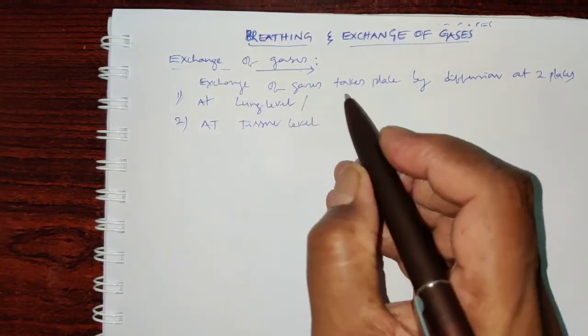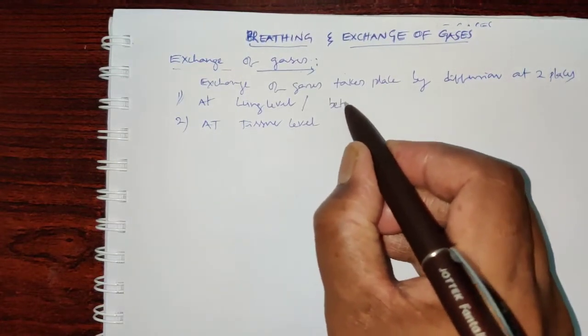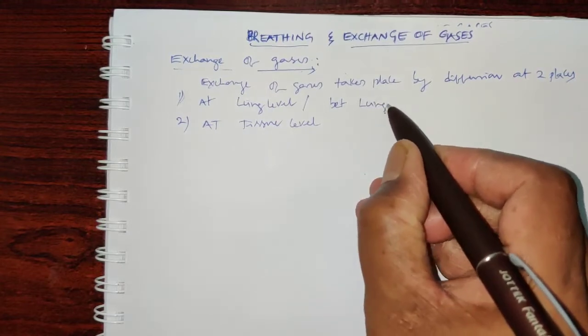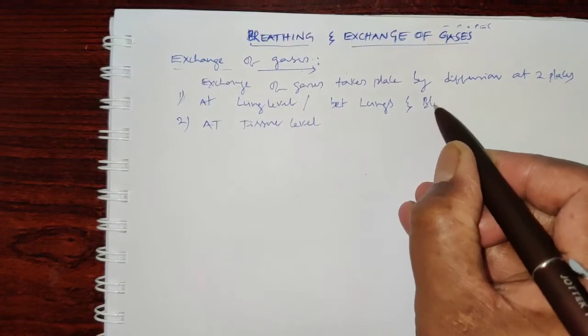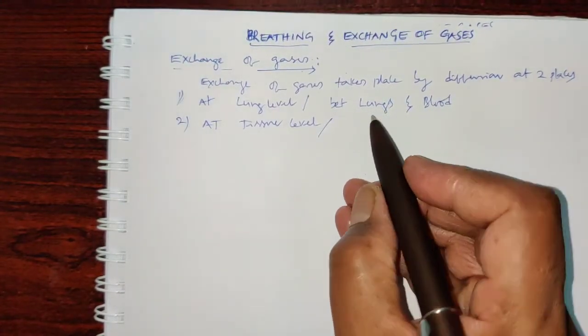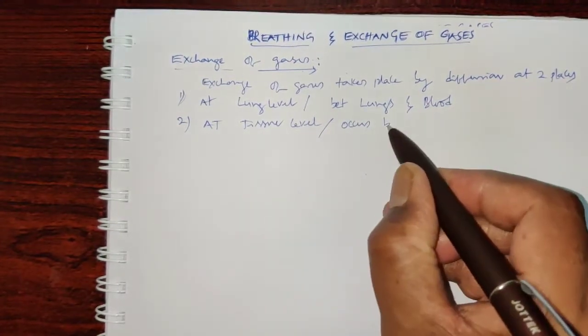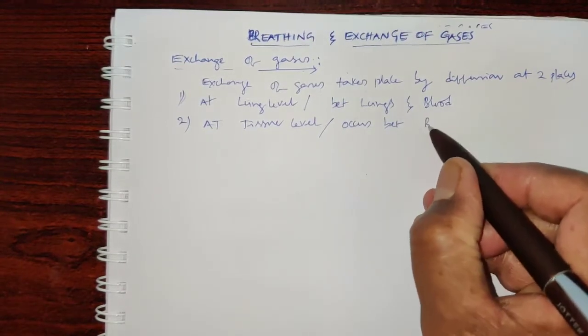At lung level, exchange of gases occurs between the lungs and blood. At tissue level, exchange of gases occurs between blood and tissues.